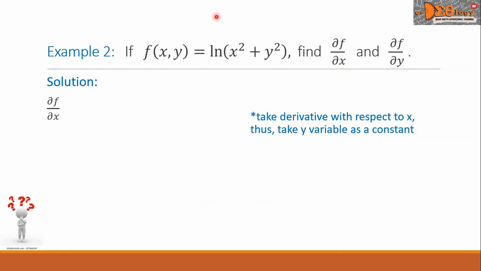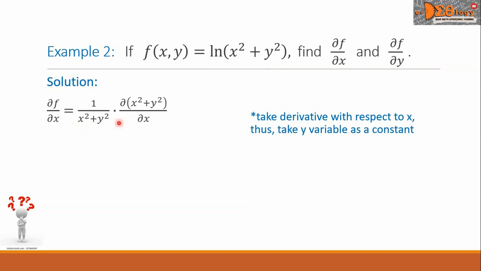We can see here in our function that we have a composite function. First, we will take derivative of ln, and that is equal to 1 over the function itself. So we have 1 all over x squared plus y squared. Since we have here a composite function, we will use a chain rule.